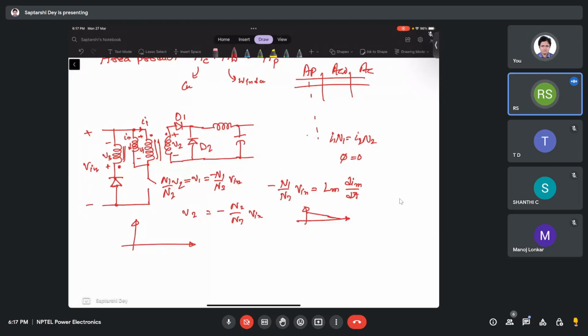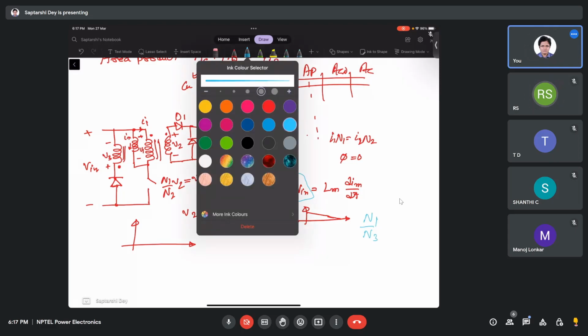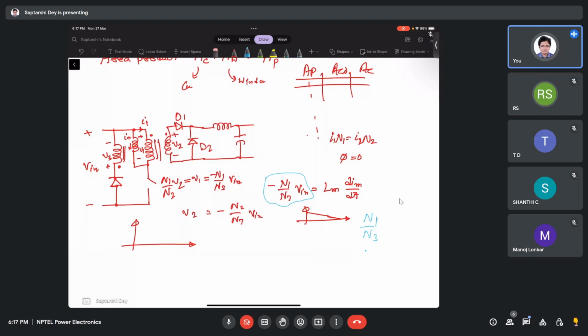in what way you have designed the reset winding. So if you see in this expression, N1 by N3, this ratio gives the resetting voltage of the magnetizing current.